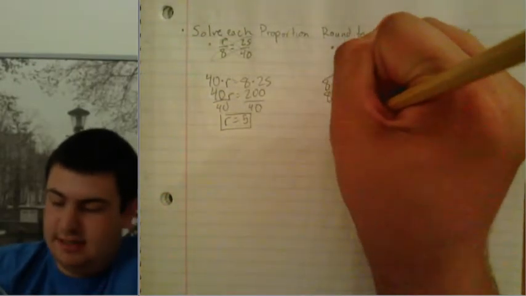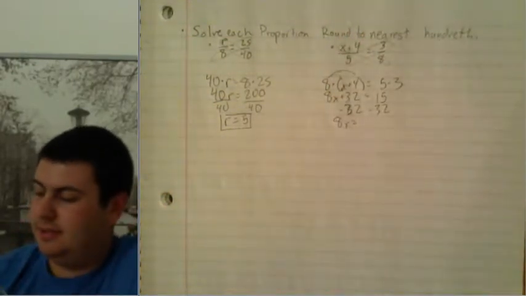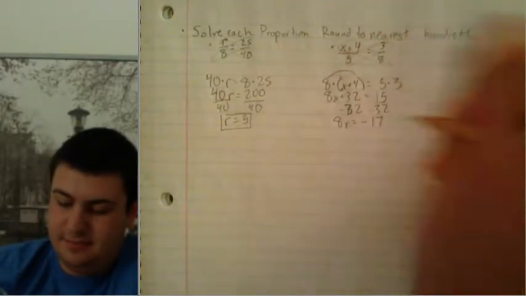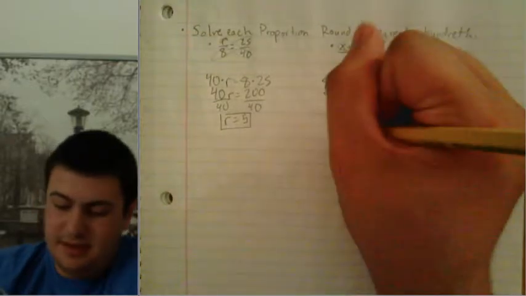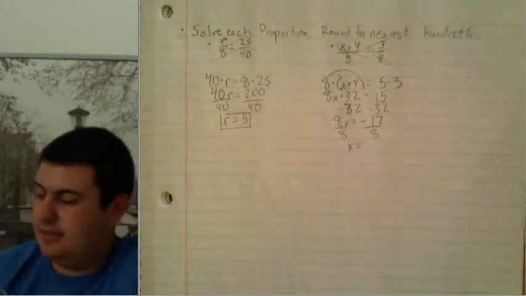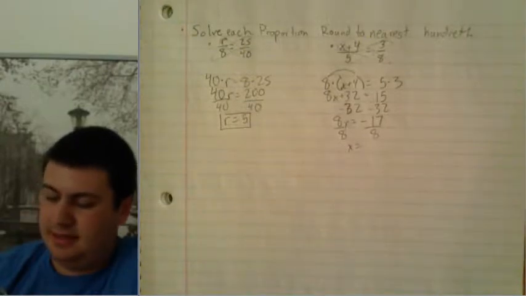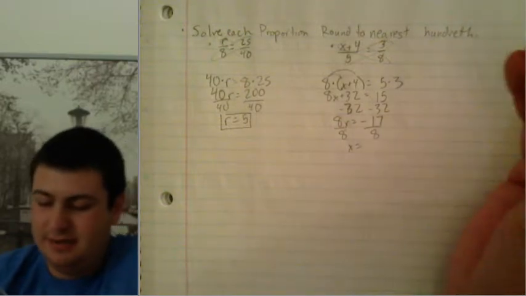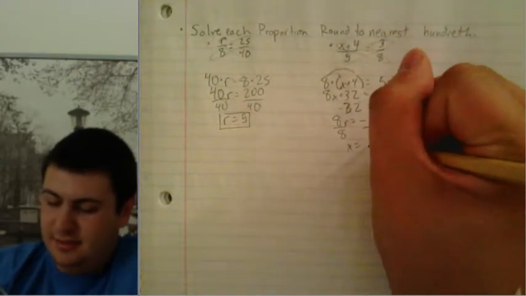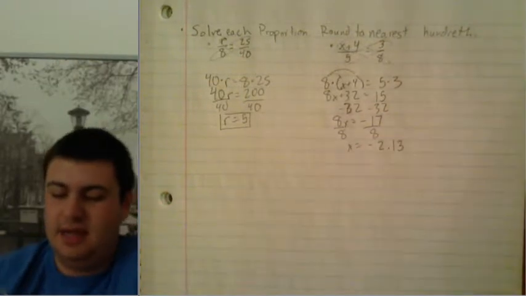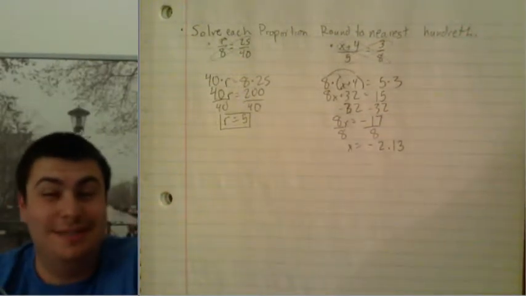So 8x then equals negative 17. Divide both sides by 8. And so x equals negative 17 divided by 8, which rounded to the nearest hundredth, we get negative 2.13. Hundredth, remember, is 2 decimal places.